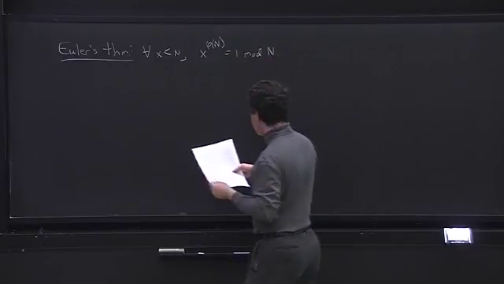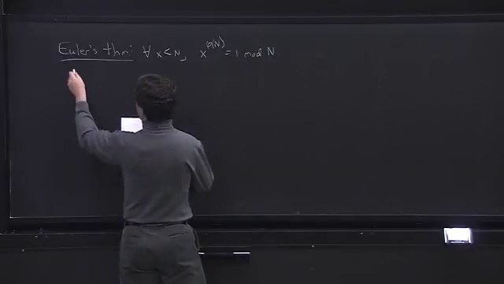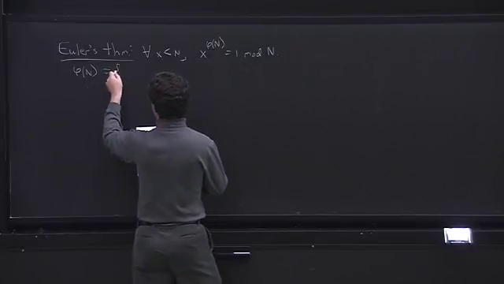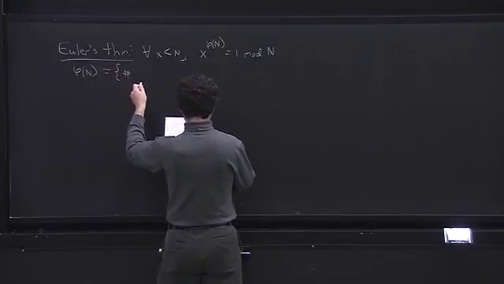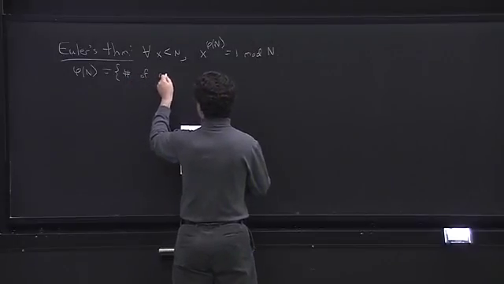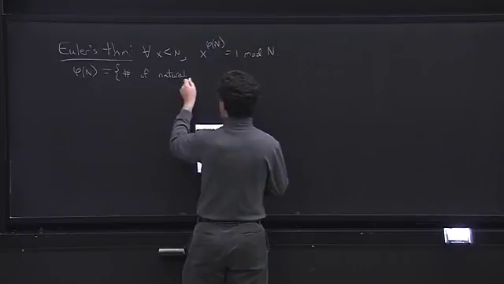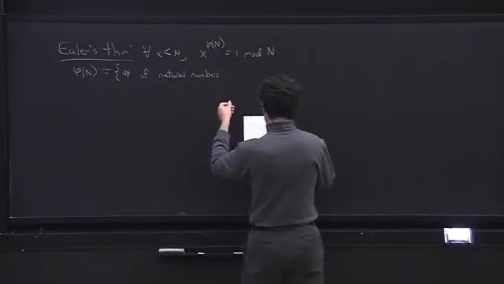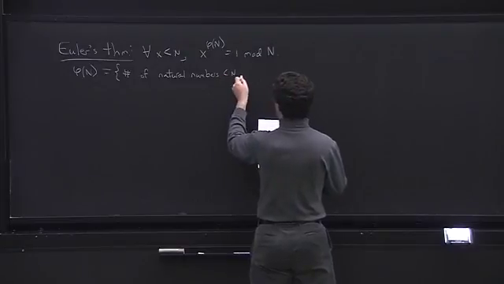So what's phi of n? Phi of n is sometimes called the Euler totient function, and it's equal to the number of natural numbers less than n which are relatively prime to n.